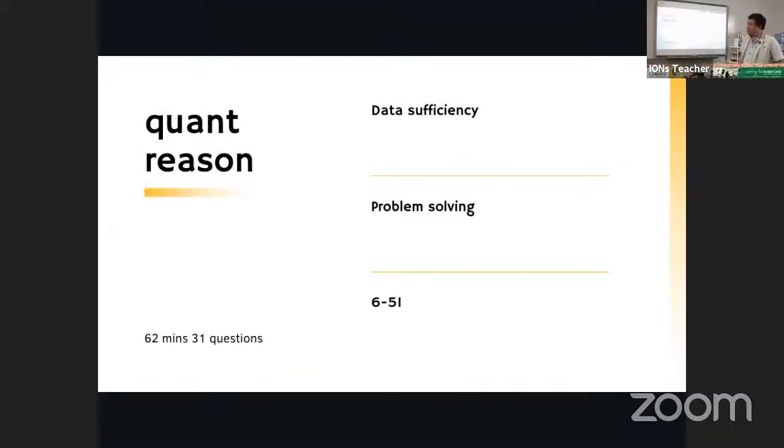The quantitative reasoning section on GMAT consists of 31 questions, and it lasts for 62 minutes. We have data sufficiency and problem solving, and the score ranges from 6.